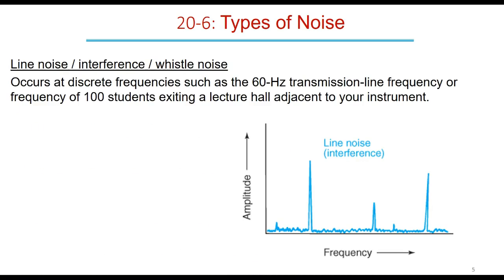Now, here's our line noise, interference, or whistle noise. This is going to occur at very specific frequencies, and it has to do with the environment around the place. Now imagine, think about the St. Edward's campus.